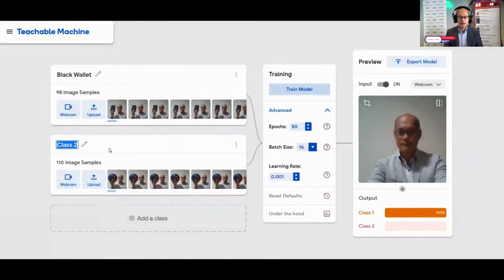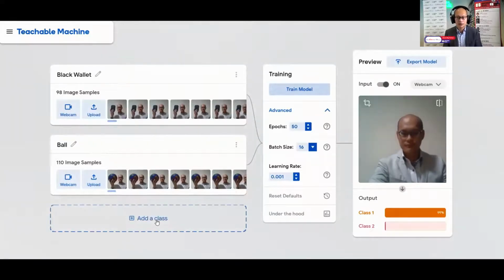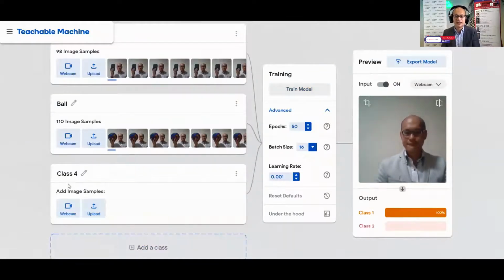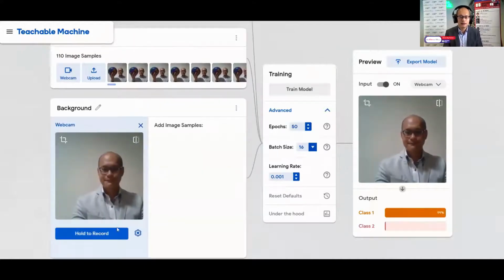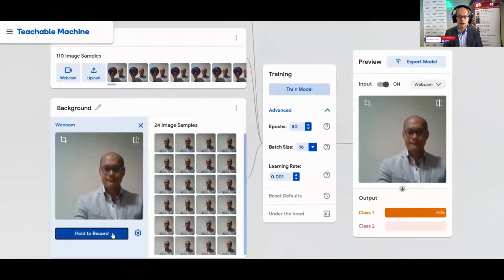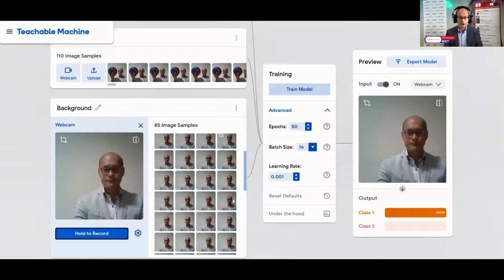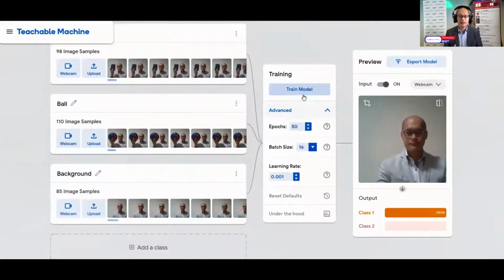So this particular form of machine learning is called classification, where I'm classifying objects based on what they are seeing on the screen. So in this case, I'm classifying a black wallet, I'm classifying a ball, and right now I want to classify myself as the background. So I'm now collecting various images of me in the background.